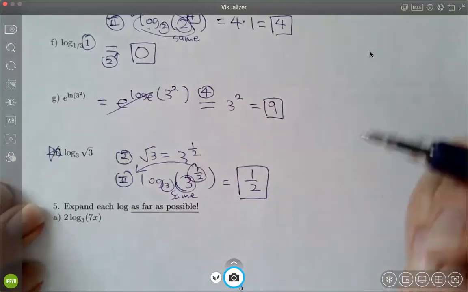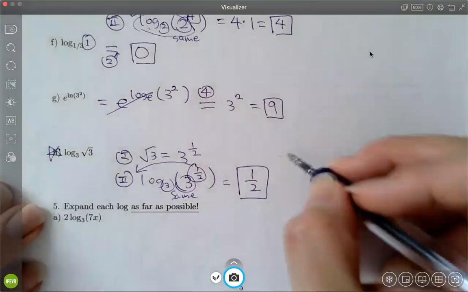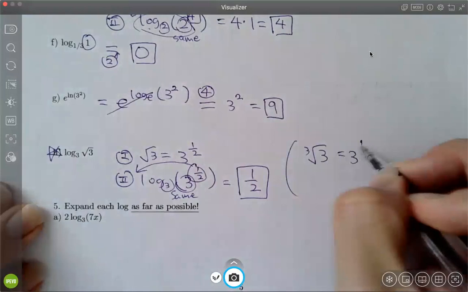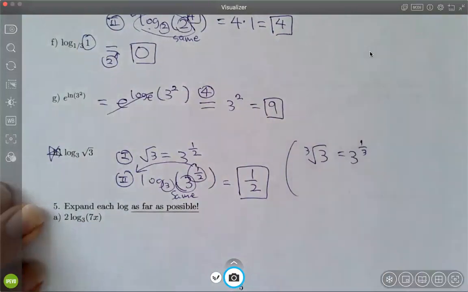For example, the cube root of 3 would be 3 to the power 1/3. So keep in mind that you may see other roots, other than the square root.